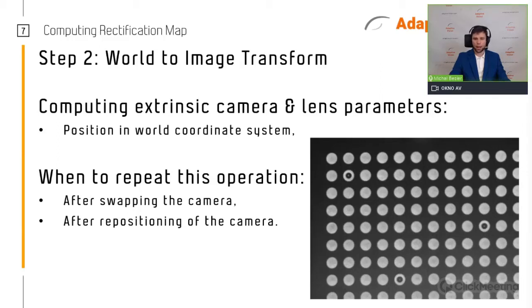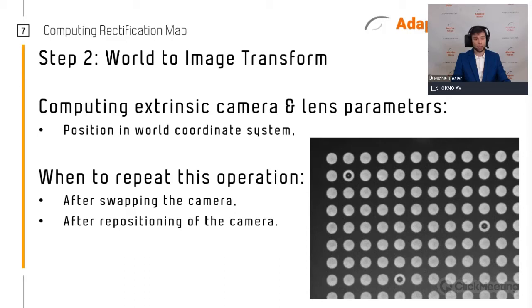For such cases, I highly recommend using a calibration grid with some additional, let's say, circles and holes inside. Using that calibration grid, we'll be able to very precisely navigate with the calibration pin.